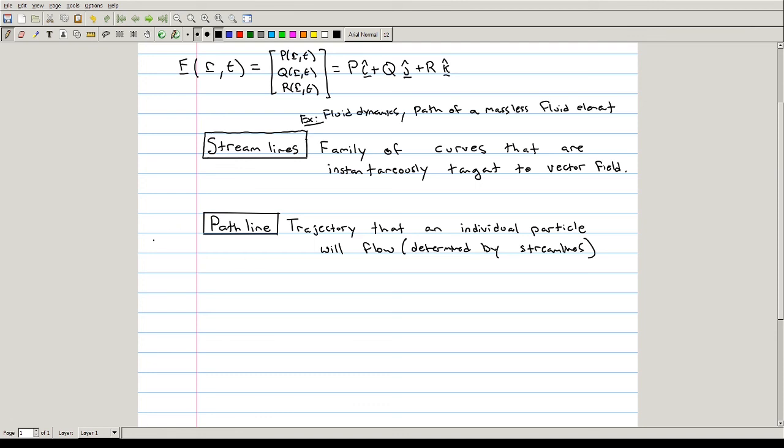So you can think of the path line, in the fluid dynamics example, as the exact path, an exact record of the path that a massive particle, or particle with mass, will take in a given flow field.